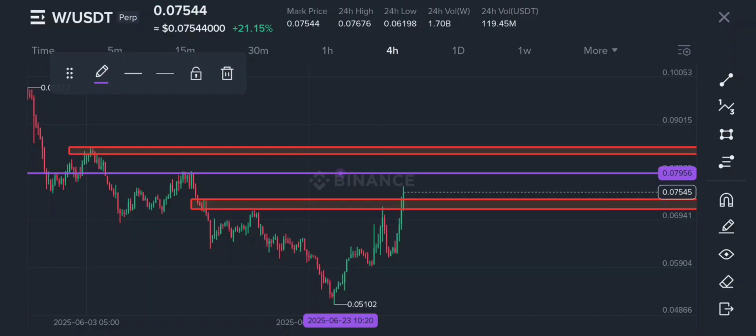When it comes to support and resistance, point of interest, demand and supply zones, do not do it on 1 hour time frame. Always go to the 4 hours and above. Then when you are looking for a pattern, an entry or a candlestick pattern, that is where you can use the 1 hour time frame.